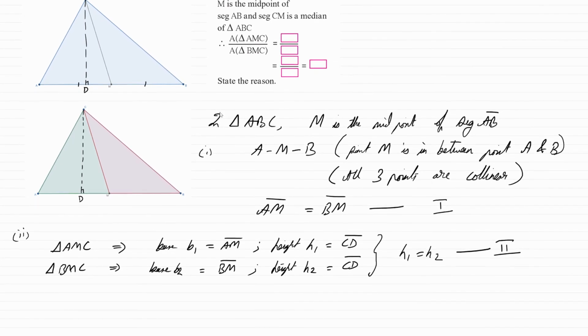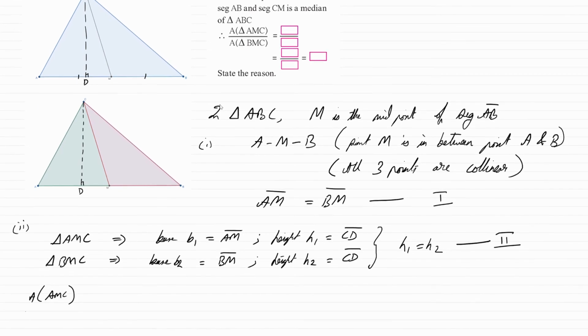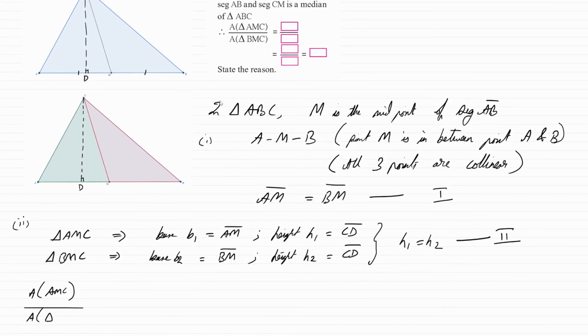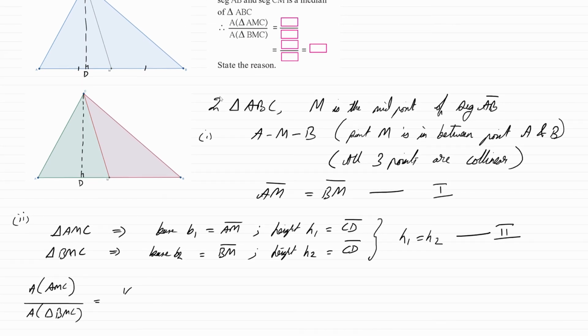Now let's write the ratio of the area of two triangles. Now this is equal to the same again.